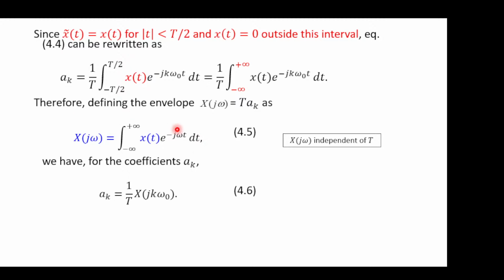So we define our big X as independent of big T. That's very nice. And then we kind of reverse here. We divide this, then we see that a_k is X divided by T, just basically the definition, and you plug in the ω with kω₀. So once again, you see a_k is like a sampling of X, divided by T.